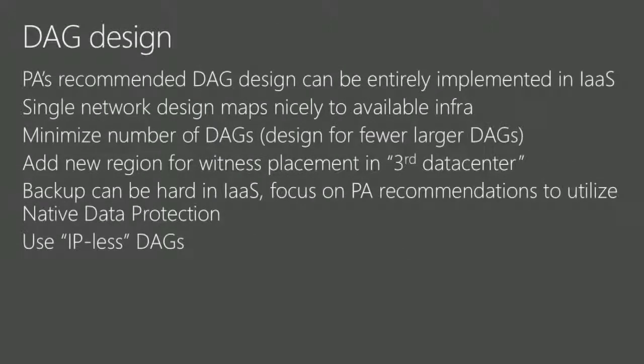So thinking about DAG design. The recommended DAG design in the preferred architecture, if you just read the text of it, can be implemented pretty much word for word in IaaS with no issues. One of the key points in the preferred architecture around DAG design is network simplicity.